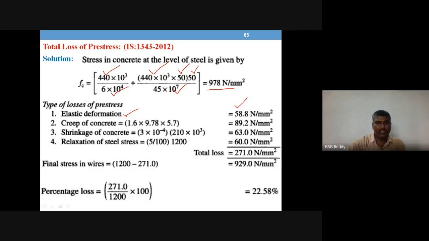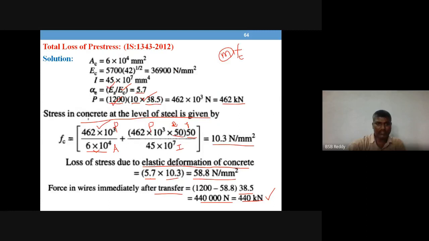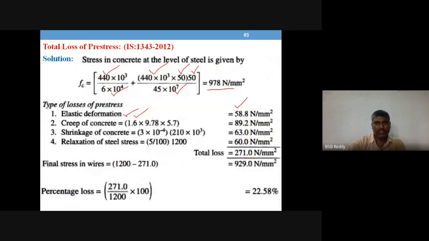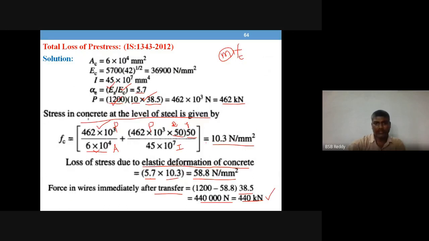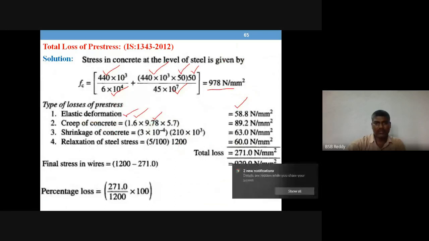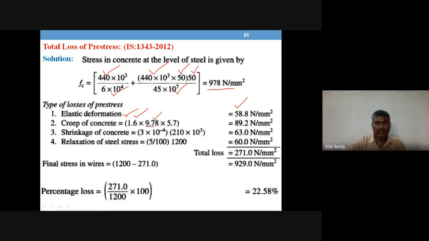And creep of concrete is by creep coefficient 1.6 into 9.78. Okay. It is 9.78, creep coefficient into stress into modular ratio.